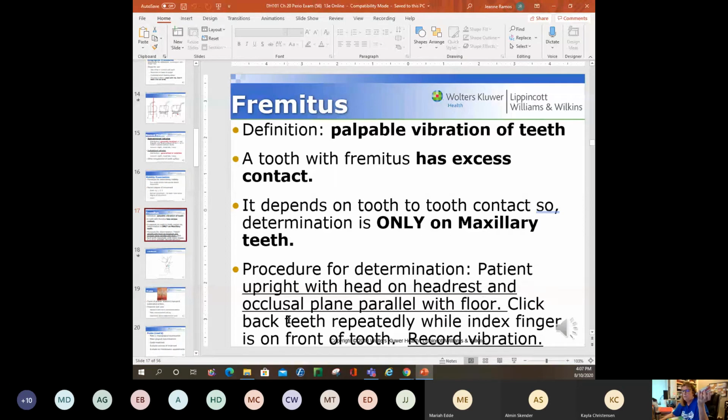So you want the patient's head upright on the headrest and the occlusal plane parallel with the floor. So you maybe have to lift their head up a little bit so that the occlusal plane right here is parallel with the floor. Then they want them to click on the back teeth repeatedly while your finger is on the front tooth. And if you feel vibration, then they have fremitus.